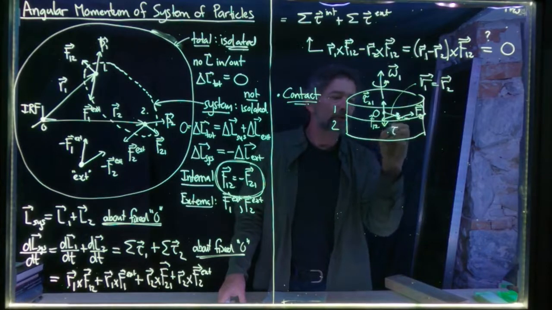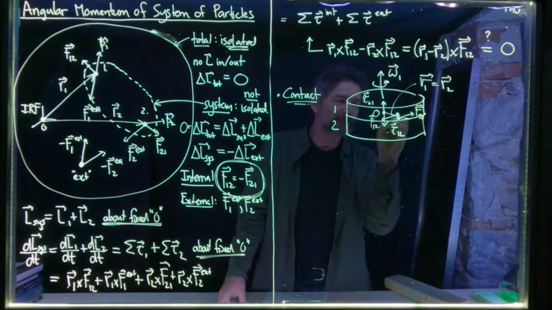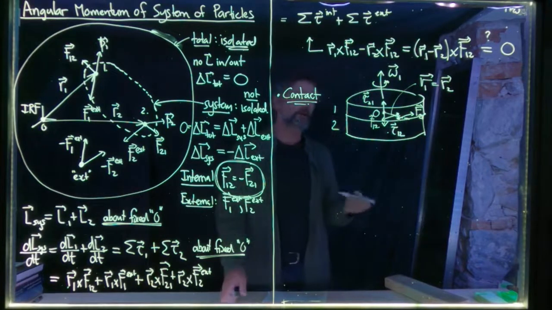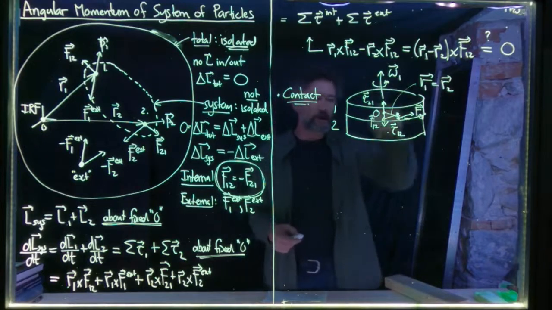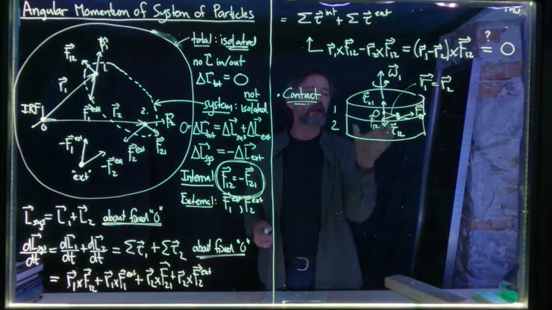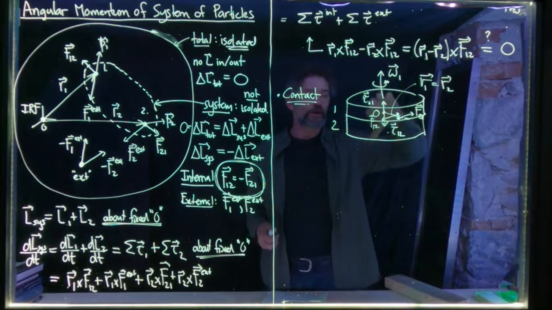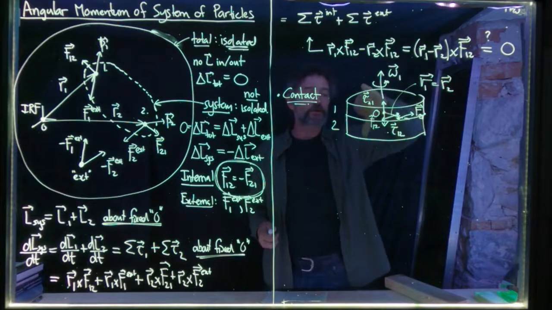So there's a torque acting on disk number 1 due to disk number 2, or due to the particle number 2 in disk number 2. Okay, and you can see that that torque is downwards, and so the rate of change of the angular momentum of disk number 1 is torque 12, and so the rate of change of the angular momentum of disk number 1 is down.